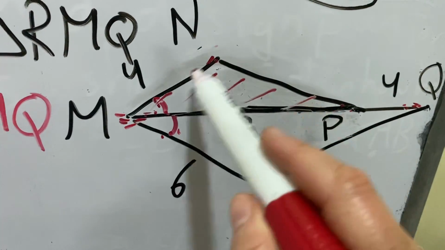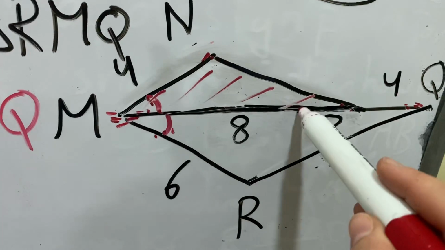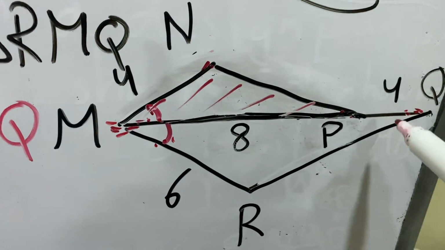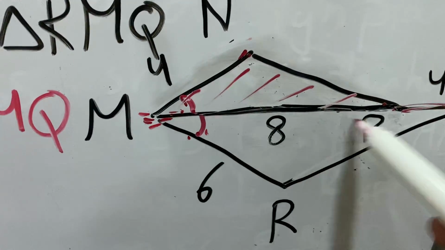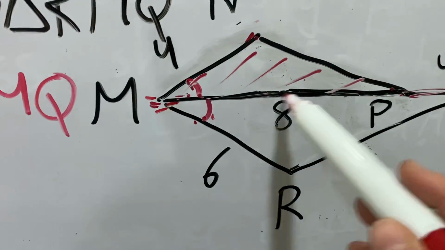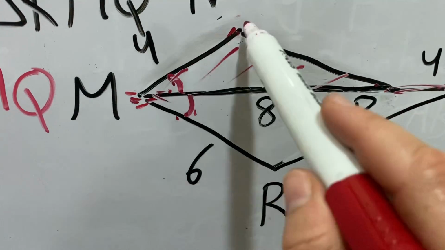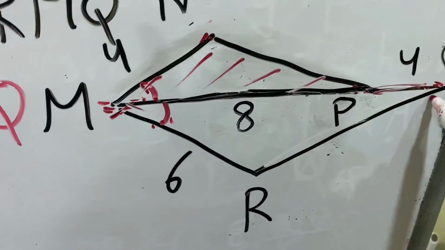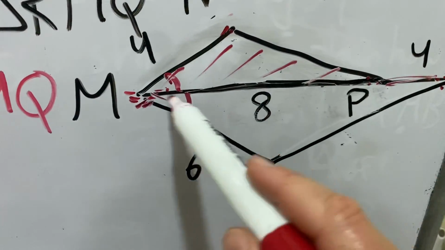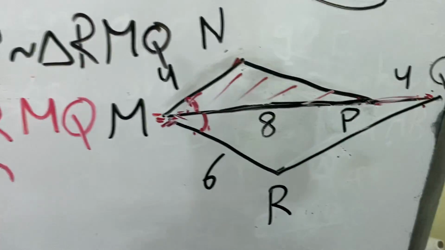Never say 4 over 6 equals 8 over 4, because this is a common error that happens a lot. No, because the big triangle is not only this, it's all this. So 4 over 6 should equal 8 over 12, because this is all the big triangle.